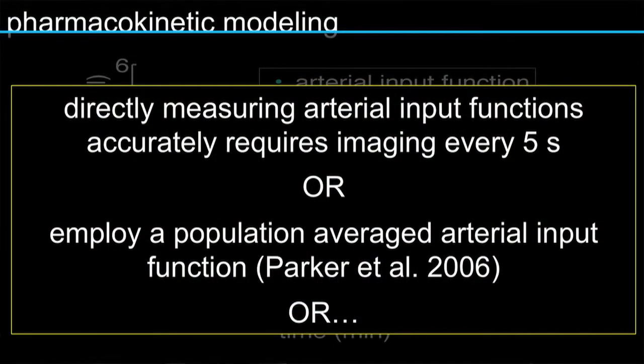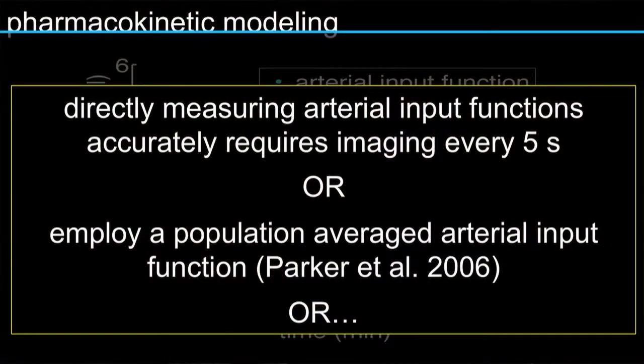So the message here is that to directly measure the arterial input function, if you look in the literature, you need accurate imaging every 5 seconds or faster. And if you talk to people like small animal imagers, they'll tell you you need even faster imaging than this to accurately measure the peak enhancement.